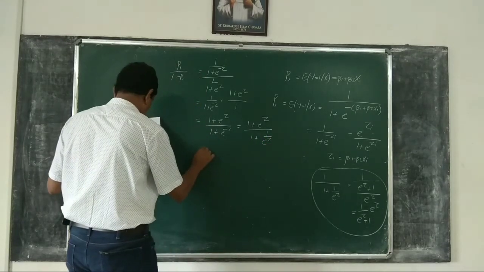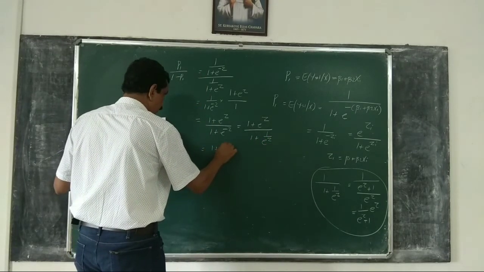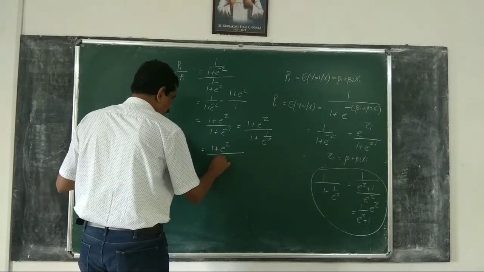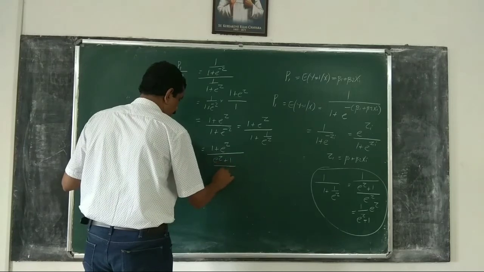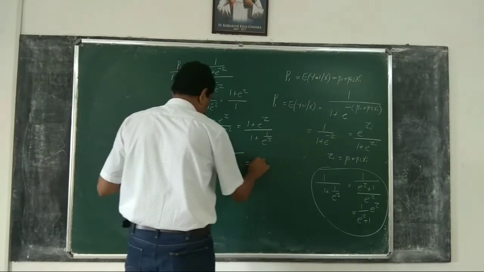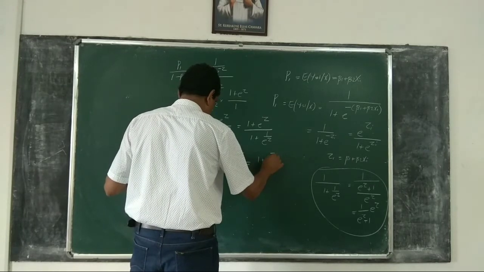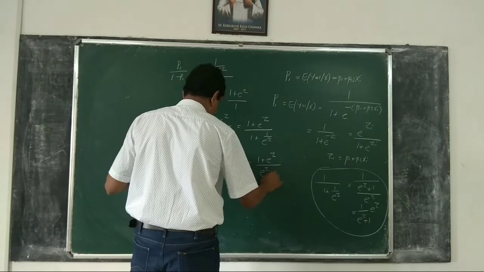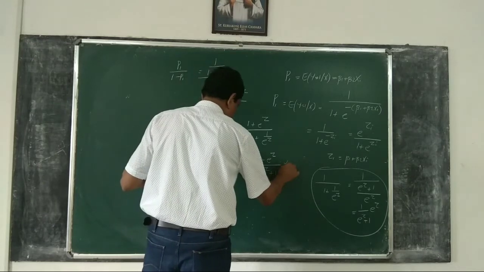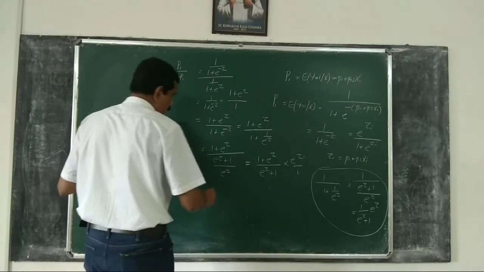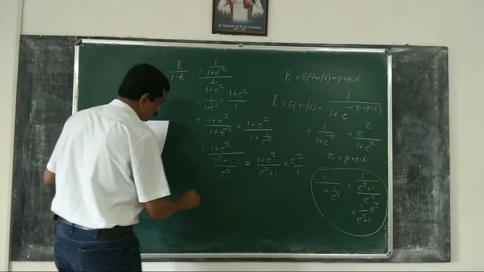This is 1 plus e raised to z divided by e raised to z plus 1, all over e raised to z. So these two terms will cancel.